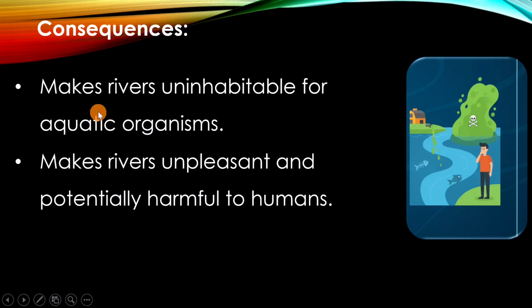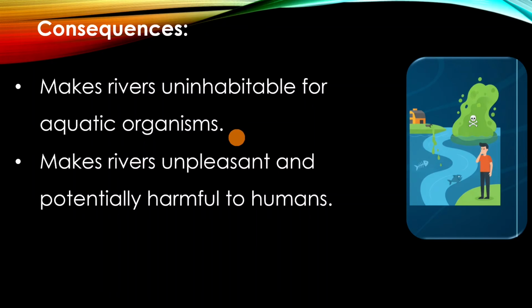Now, what are the consequences when toxic algae builds up in rivers? This makes rivers uninhabitable for aquatic organisms. So it makes rivers not good for living organisms. Aquatic organisms are organisms that live underwater. Aqua is water. So aquatic organisms are organisms like crocodiles, frogs, fish, and some snakes that live underwater.